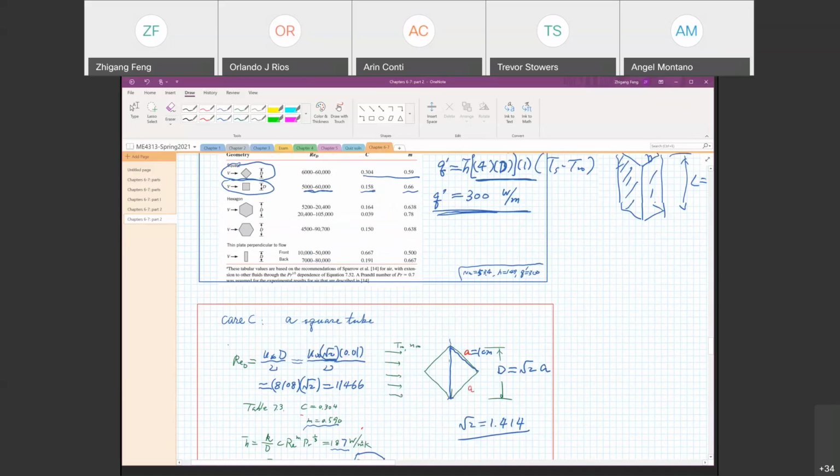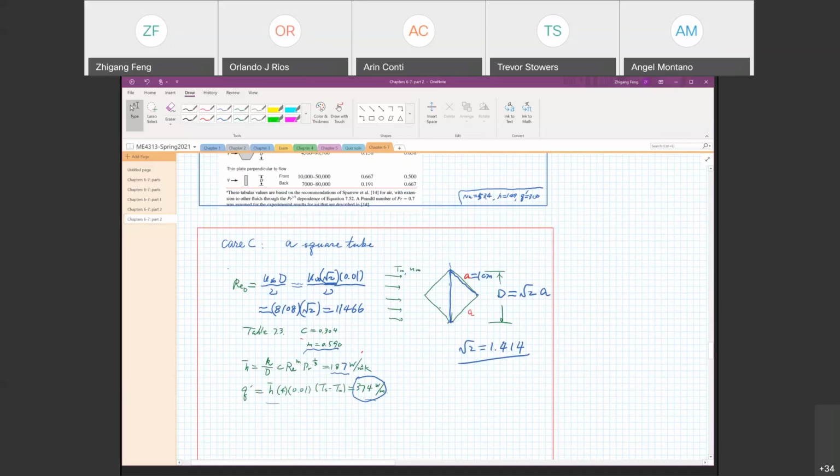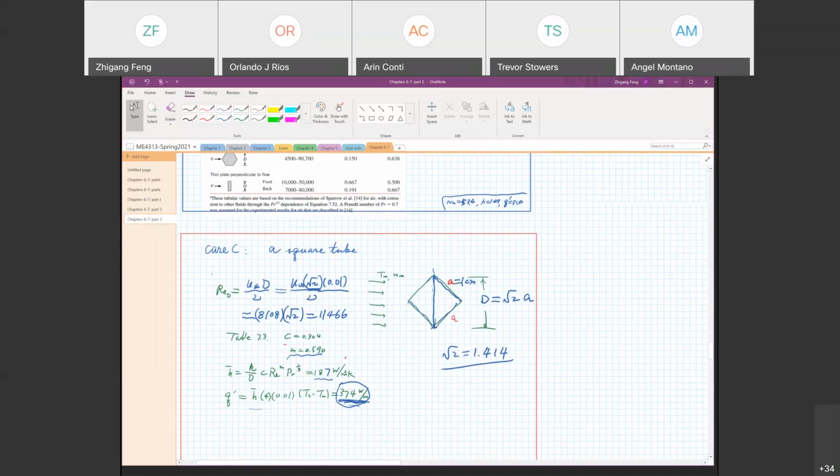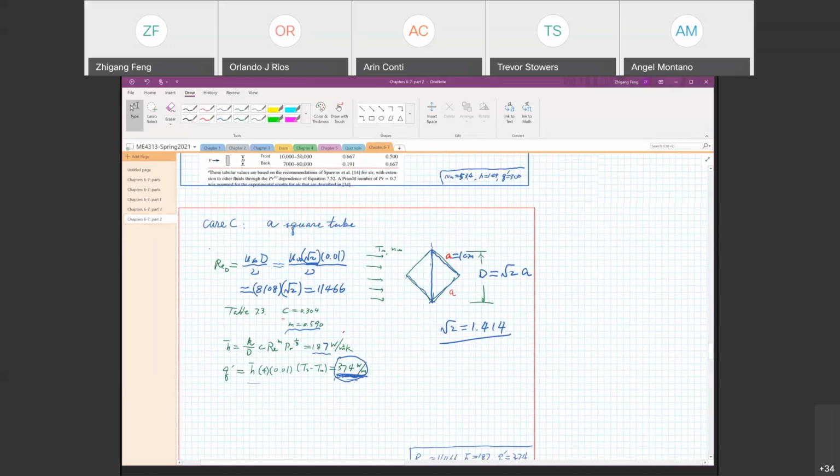But when you change the orientation of the tube, making flow perpendicular to the diagonal, you are able to increase the heat transfer rate. By a small change of orientation, you are able to increase the heat transfer rate by about 20% compared to 300. This is a little above a 20% increase.